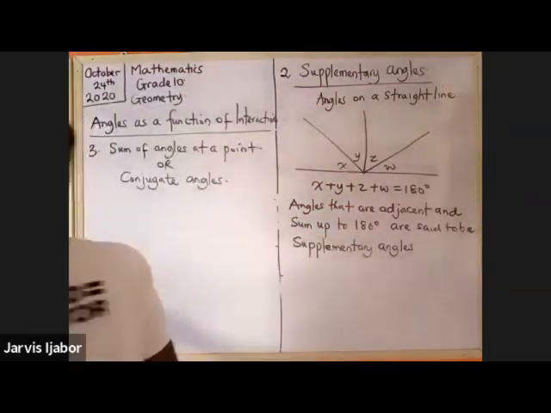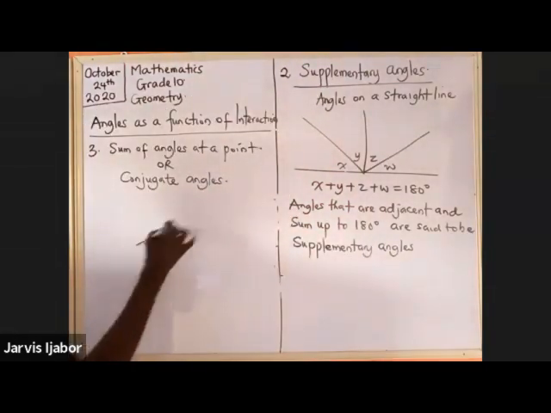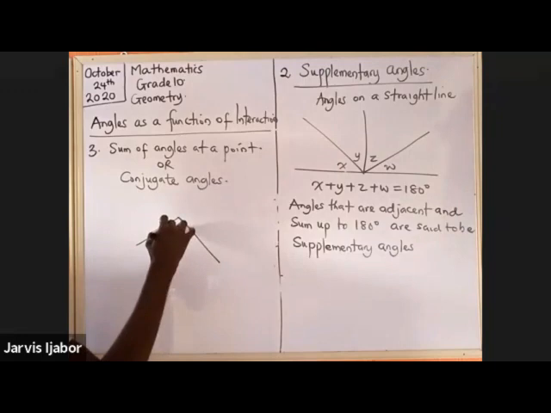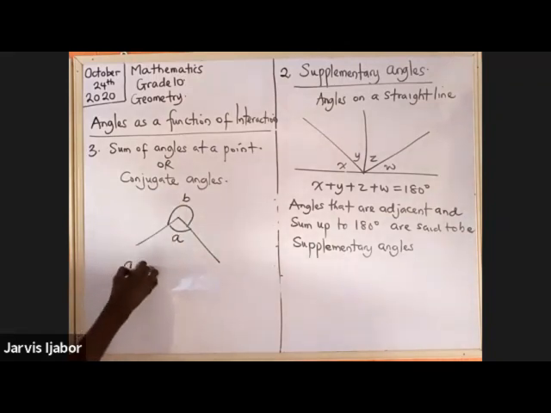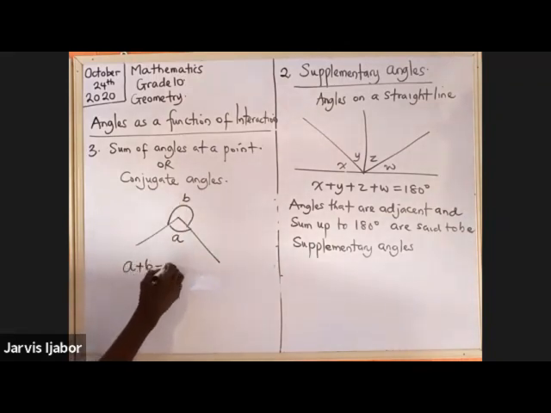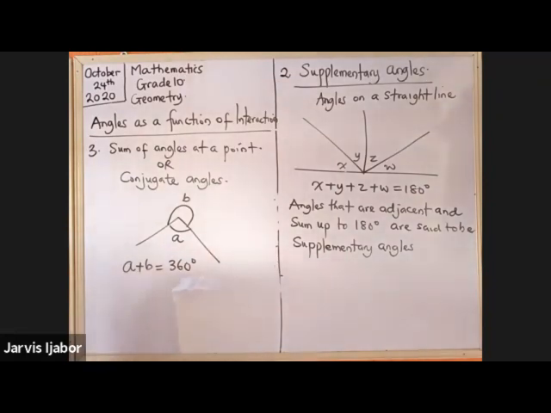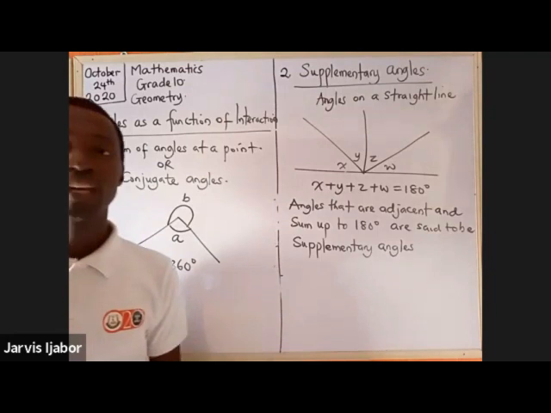So when angles sum up to 360 degrees, we say that the angles are conjugate. So if I have this, it means A plus B will be equal to 360 degrees. So these angles are said to be conjugate angles.